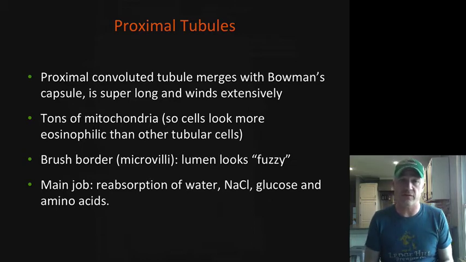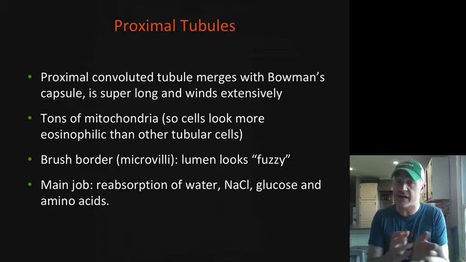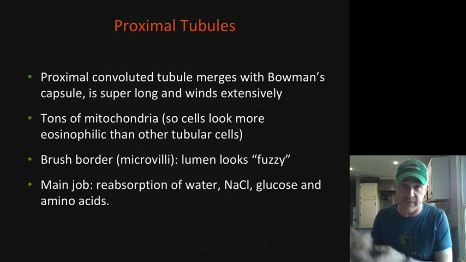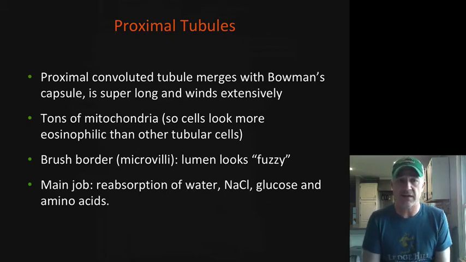So proximal convoluted tubules are right after the Bowman's capsule. On the one image on the actual slideshow, you can see the start of it. These ones have a lot of mitochondria. They're doing a lot of pumping, a lot of active moving of substances back out of this filtrate. Because of that, they are very eosinophilic, so more of that pink staining.